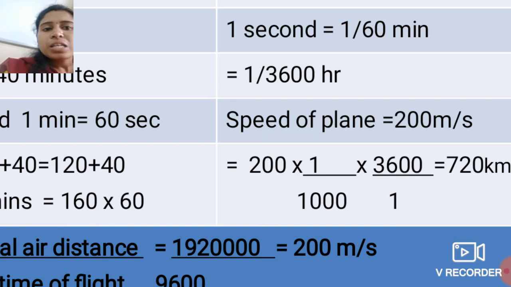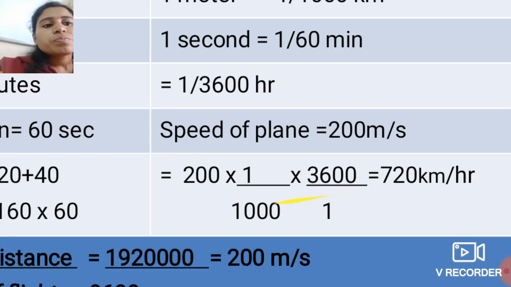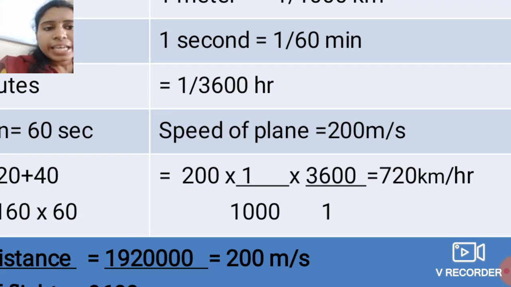So here we multiply 1 upon 1000 kilometer. But we also have to know about seconds. Okay. So how many? 1 second is equal to 1 upon 60 minutes. Okay. And 1 minute is equal to 1 upon 3600 hours.